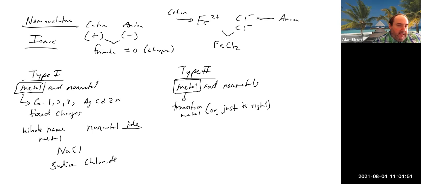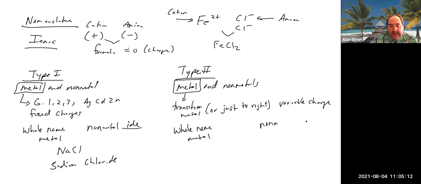Remember that those guys have basically a variable charge, which means in certain cases, the same element could be +2 or +3. So because of that, when we name it, we still kind of name it the same way, whole name of the metal. The non-metal, again, gets the IDE at the end, but we add a Roman numeral here.